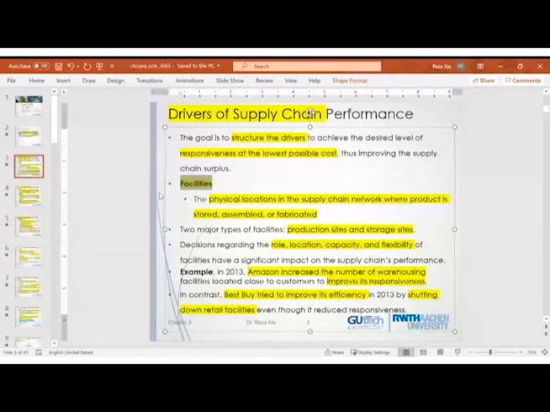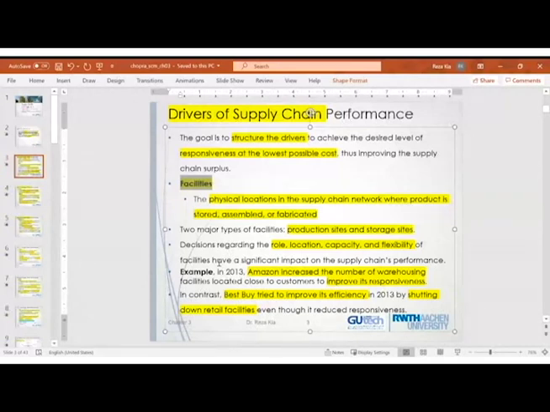So whenever we are talking about facility in a supply chain, all those physical locations can be considered as a facility. And decisions related to facilities, such as the role of facility, location, capacity, how flexible they are, will have a huge impact on the performance of your supply chain. As a simple example, Amazon just increased the number of their warehouses, and the reason was increasing responsiveness.